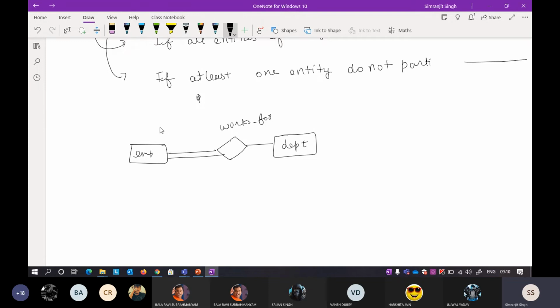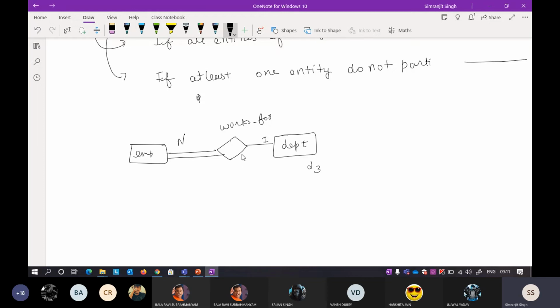You have already seen there are 6 employees, and they are all participating in works for. But from the department side, department D3 does not have anything, because it is a new department and we do not have any entry related to it. So D3 has no entry, so it is a partial participation. That is why there is a single line.